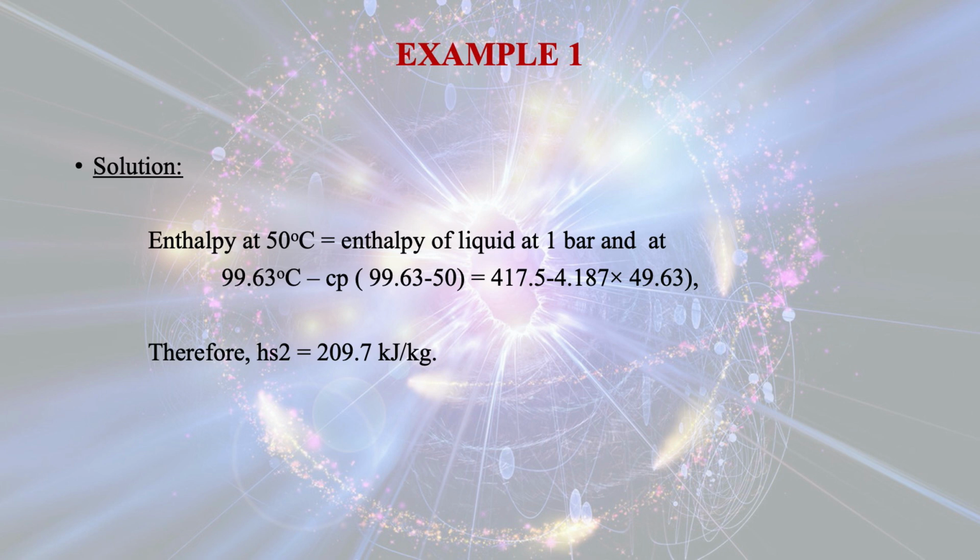This is a simple equation, and that is equal to 417.5 minus the Cp value, which is given as 4.187, times the temperature difference, which comes out to be 49.63. So Hs2 you will get 209.7 kilojoule per kg.